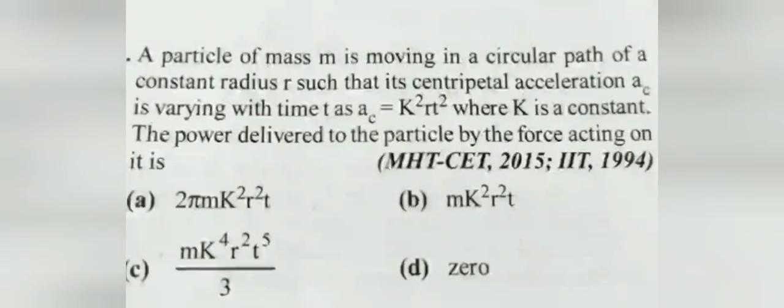Next problem. A particle of mass m is moving in a circular path of constant radius r such that its centripetal acceleration is varying with time t as k square r t square, where k is a constant. The power delivered to the particle by the force acting on it is.